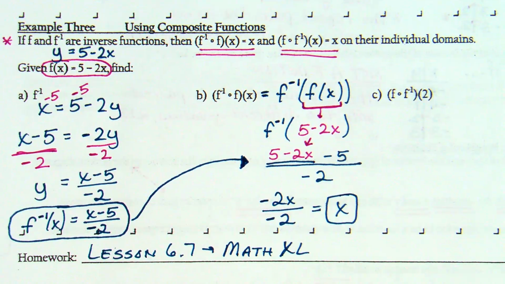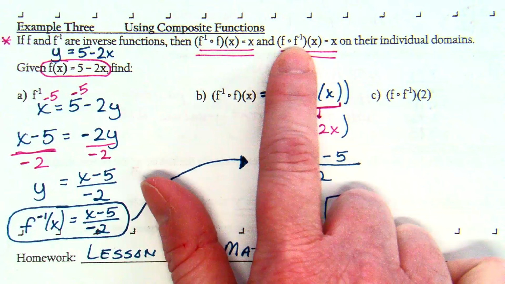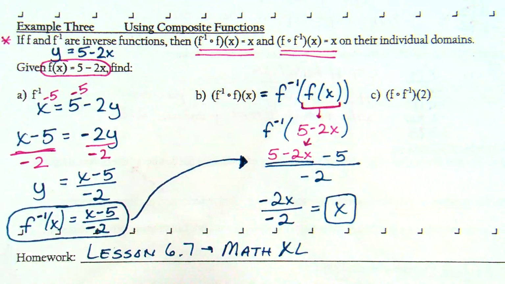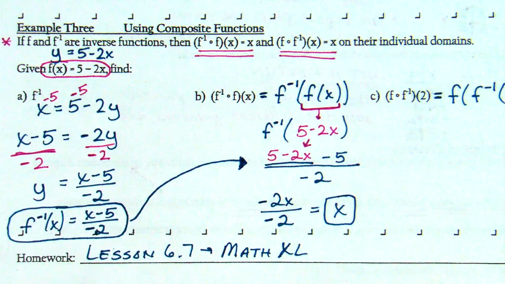Of course, we start where? On the inside. How do we find f inverse of 2? You use f inverse, which, what is f inverse again? Something minus 5 divided by negative 2. What's the something I'm putting in this time? 2.